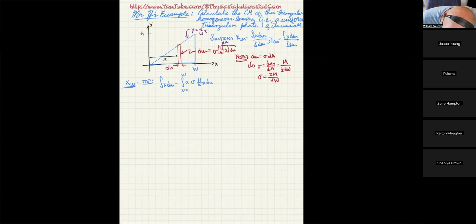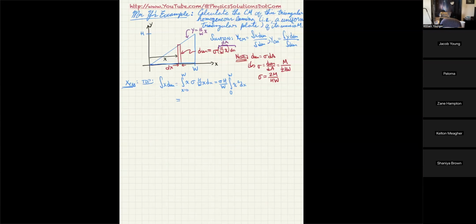So we've got a lot of stuff that can fall out in front. The constants specifically are sigma h over w. So I'm going to write sigma h, or excuse me, sigma h over w, not m. That happens to me a lot. So keep an eye out for me changing that w to an m for some reason. All right, now I've got the integral from 0 to w of, all I have left is x squared dx. And of course, the integral of x squared is 1 half x squared.